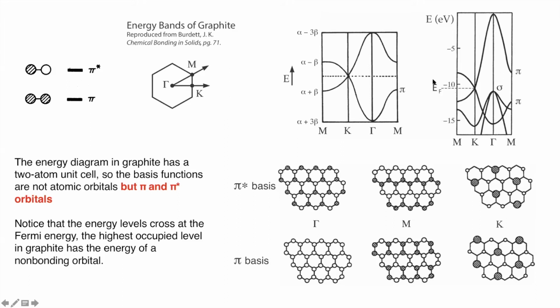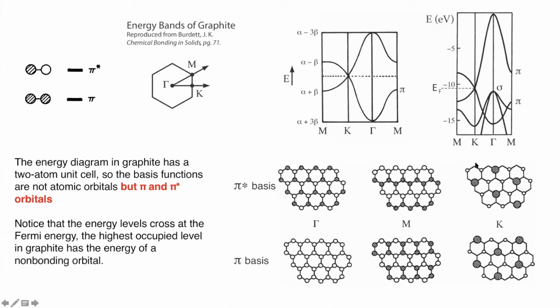Notice the Fermi energy marked in this diagram is this dashed line, and it touches these bands right here at K. If you were to ask which of these orbitals is filled and which is empty, well, the electrons in graphite or graphene fill up the bands right up to the Fermi energy, which happens to be at K.